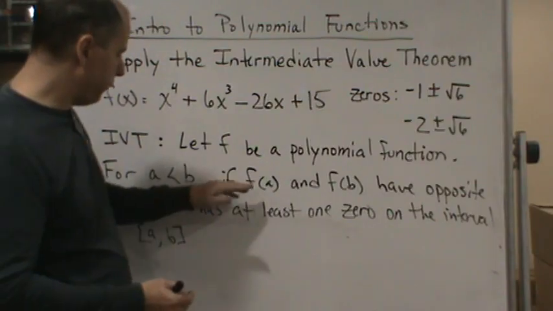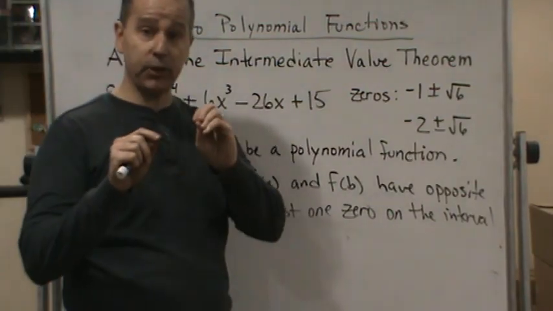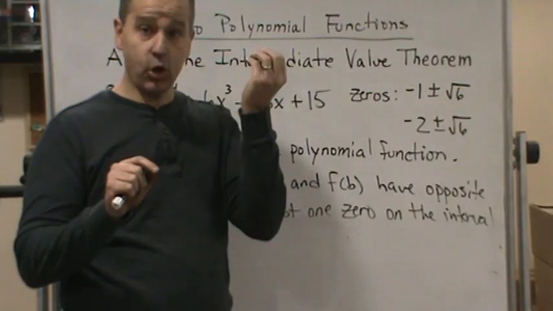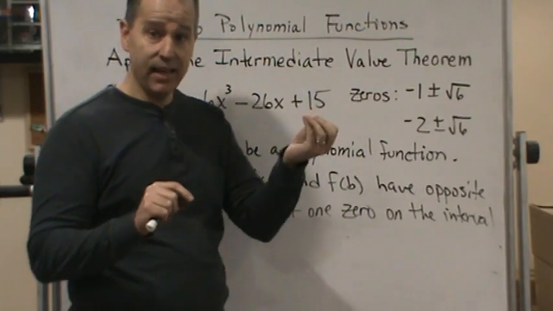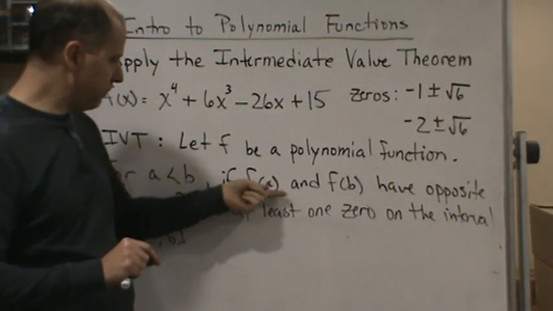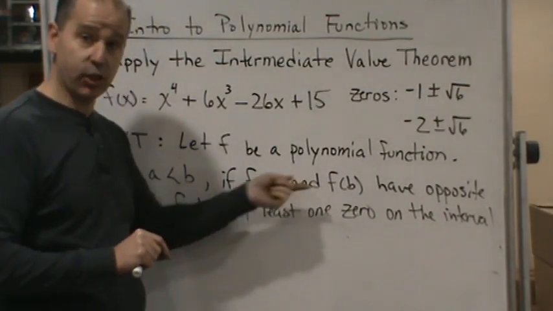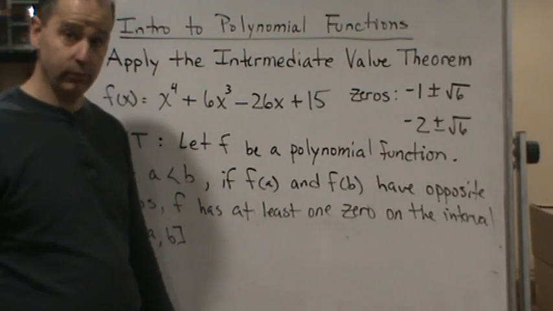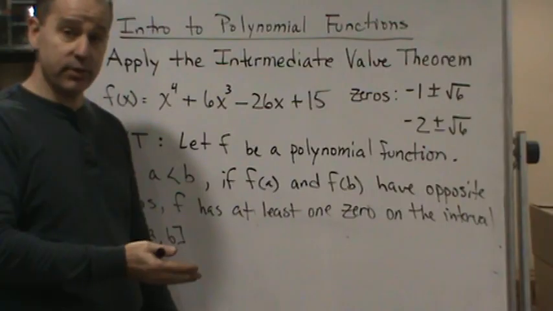Because remember, polynomial functions are continuous and smooth. Continuity says that if it goes from positive to negative, it has to cross the x-axis somewhere in between. That's what the intermediate value theorem says.